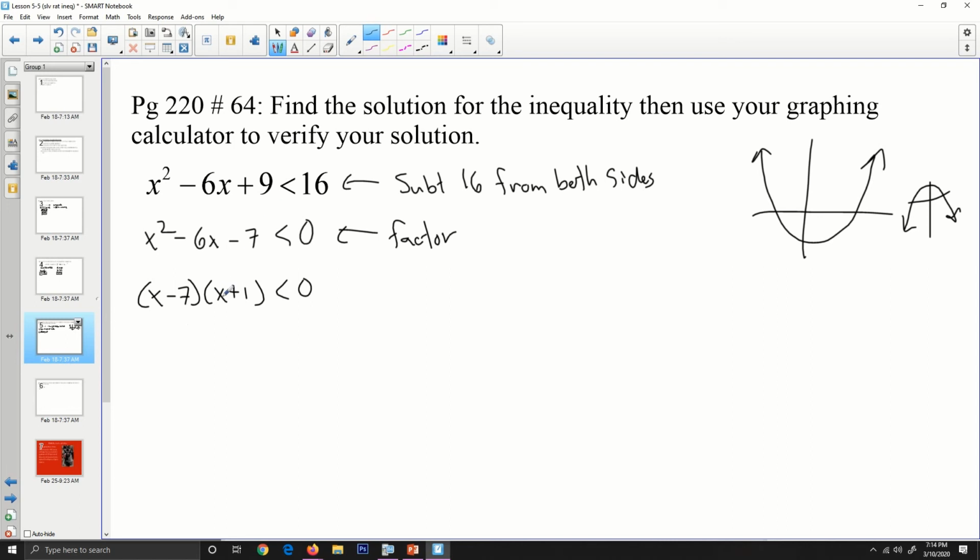Now we're going to find those critical numbers, which are where these two factors are 0. So my critical numbers for this one are x equals -1 and x equals 7.